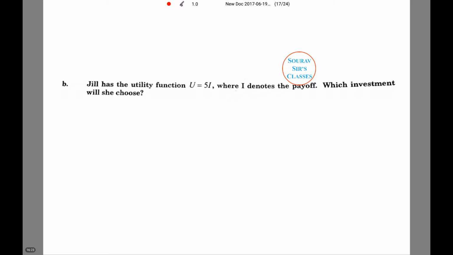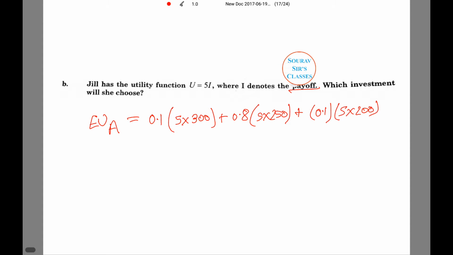Now in the next question we see Jill has a utility function of u equals 5I, where I denotes the payoff. Which investment will she choose? Jill's expected utility from investment A is EU A equals 0.1 times 5 times 300 plus 0.8 times 5 times 250 plus 0.1 times 5 times 200.